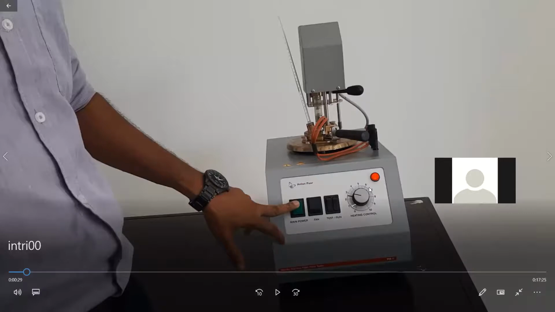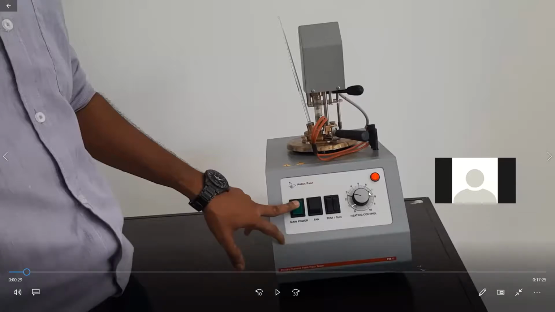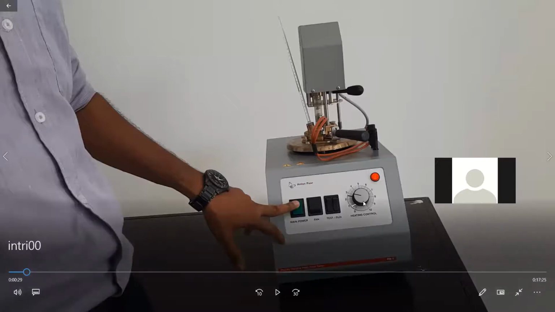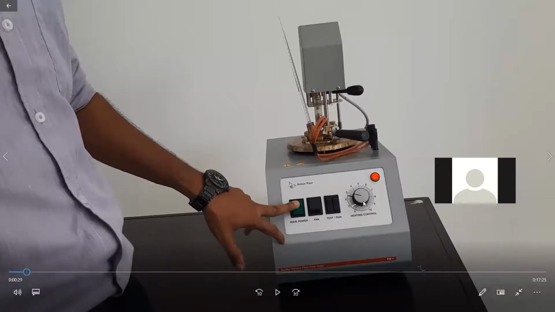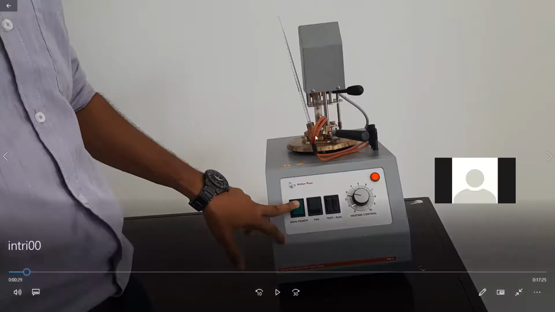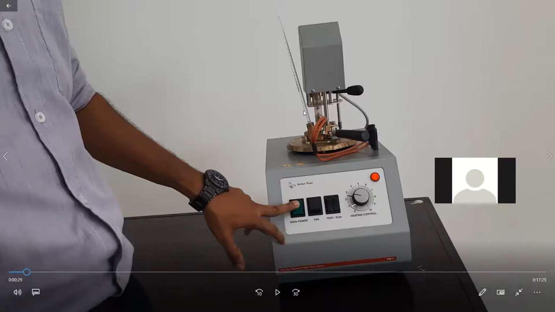So initially we can increase the heating rate up to 9 or 6, and within a minute or two the sample will heat up to near the flash point temperature. Later we have to reduce the heating rate, so that for every degree Celsius increment of the sample, we can check. Therefore, we reduce the heating rate, and by looking at the thermometer for every degree change, we introduce the flame and check, right?